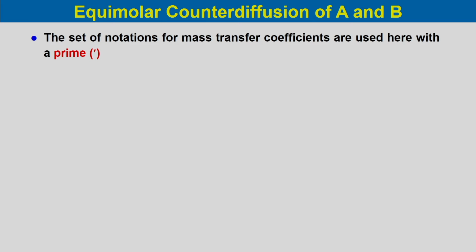Now, the set of notations for mass transfer coefficient used in case of equimolar counter diffusion of A and B. If we consider equimolar counter diffusion, here we have defined the mass transfer coefficient with a sign of prime.